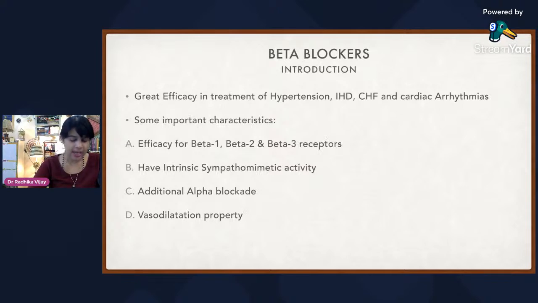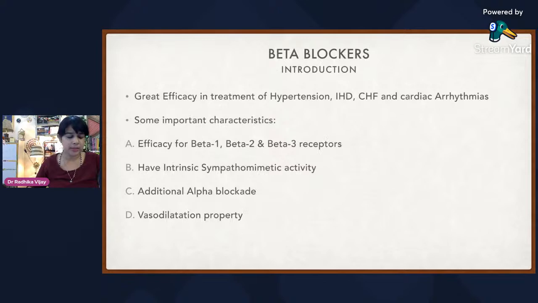Some of the drugs have intrinsic sympathomimetic activity, some have the capacity of vasodilatation. They have a very specific pharmacokinetic and pharmacodynamic profile, varied lipid solubility, and membrane stabilizing property. Some of the drugs also possess additional alpha blockade capacity.